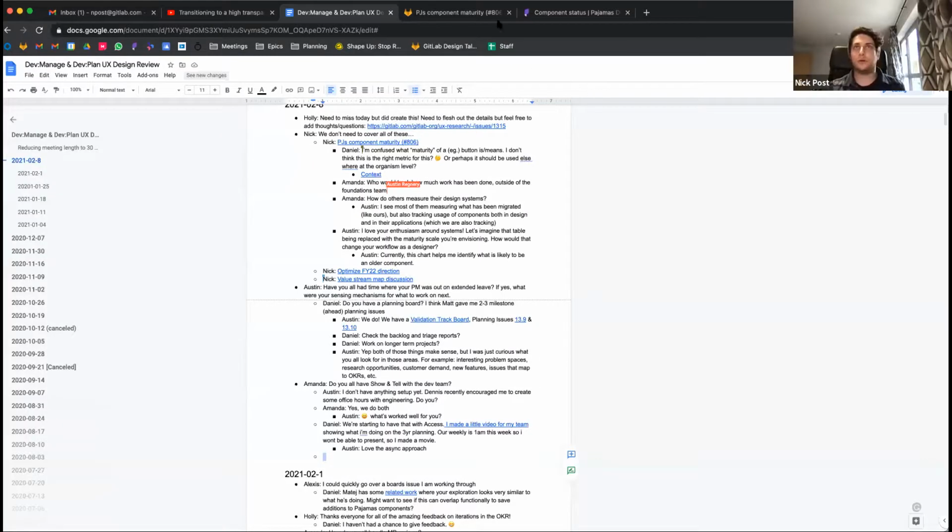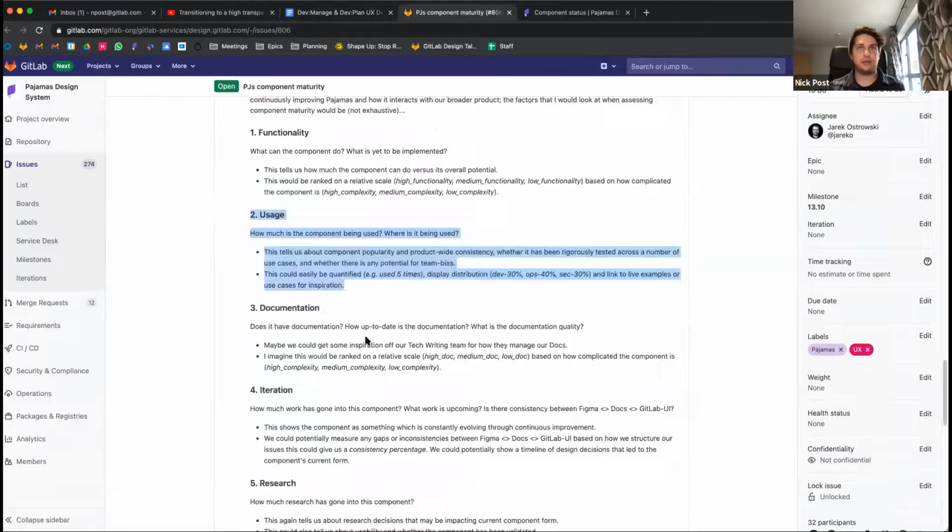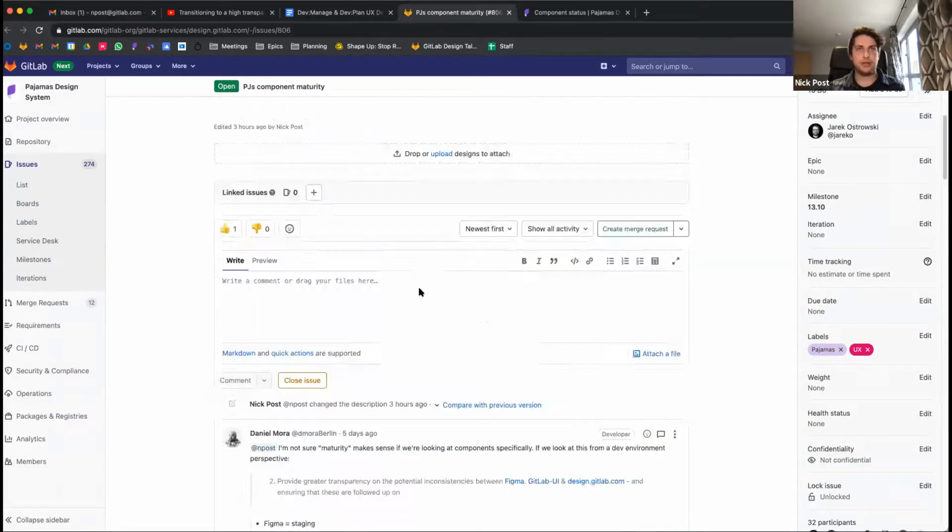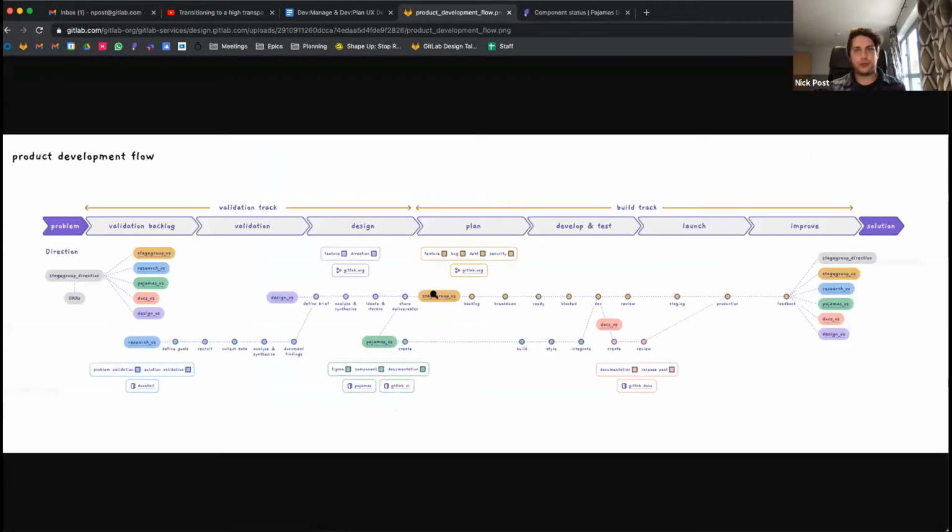Sure. So the typical workflow for contributing a component to Pajamas is you have your stage group's value stream, where you break down an issue. And then there's the design stage within there. Then you identify a need within the design stage that we need to add or update a component.